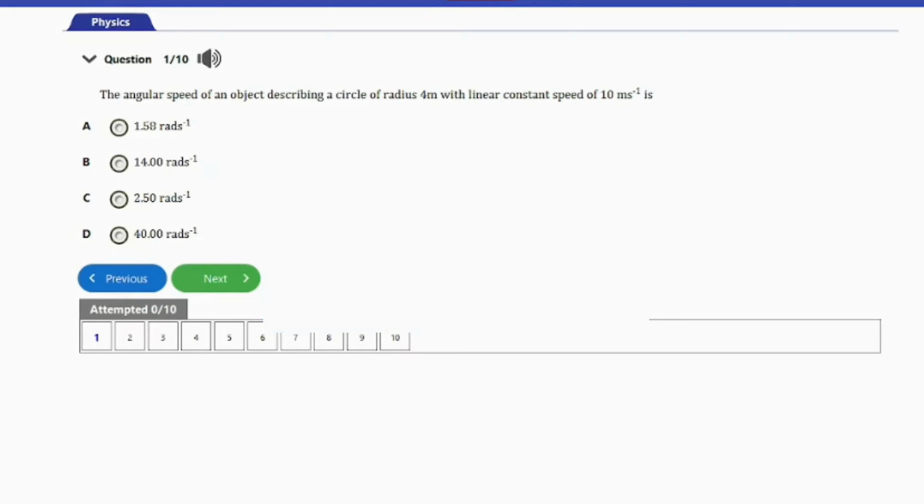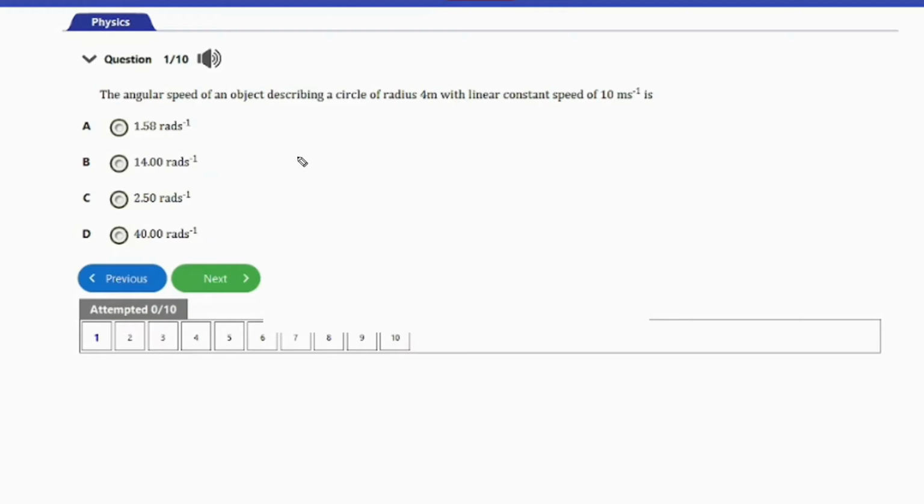It says, the angular speed of an object describing a circle of radius 4 meters with linear constant speed of 10 meters per second is. Here we have the radius and the linear speed.